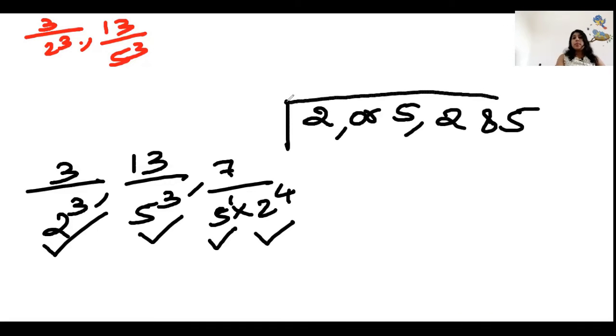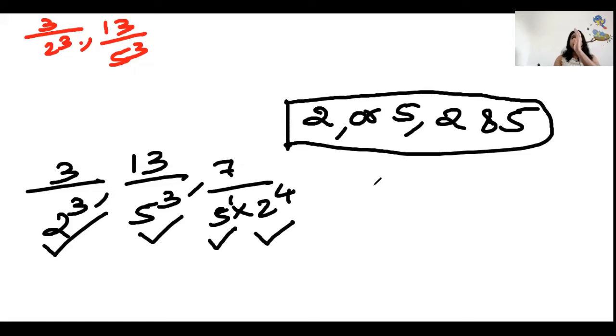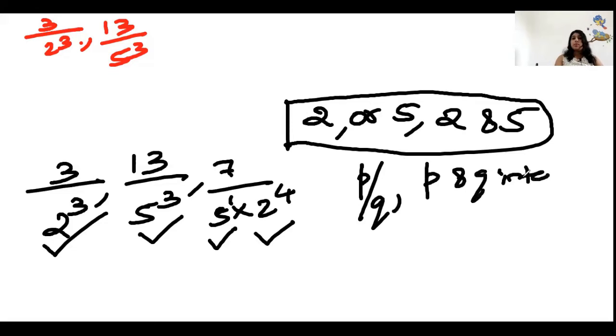So these numbers, from decimals we made rational numbers, and from the rational numbers we got this. That means any rational number, we know, is in the form p by q, where p and q are integers and q not equal to 0.